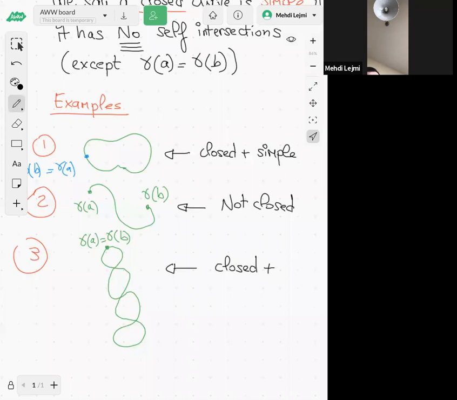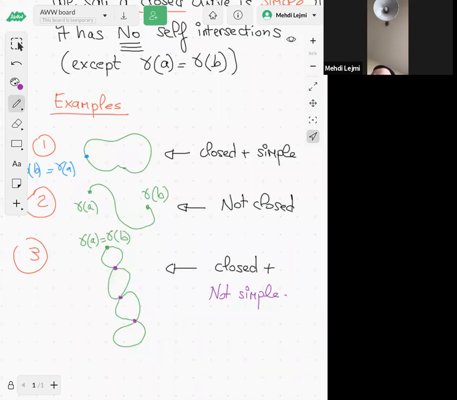Obviously, it's not, because it has self-intersections here, here, and here. So it's not simple. Anyway, is there any question, guys, about closed simple curves? Why am I introducing closed simple curves? Because that's what we use in Green's theorem. I'm going to use closed and simple curves.